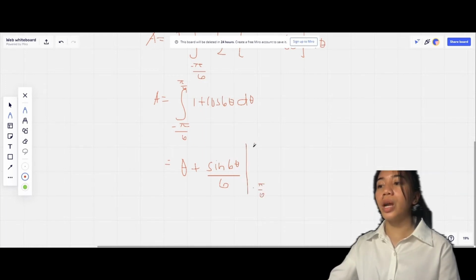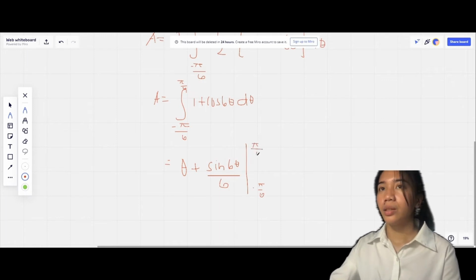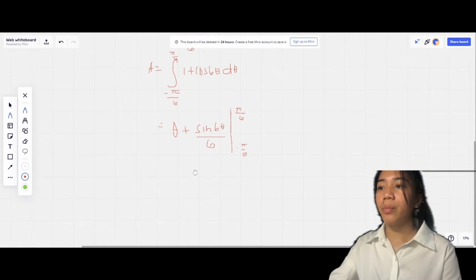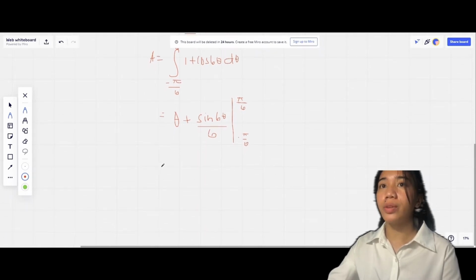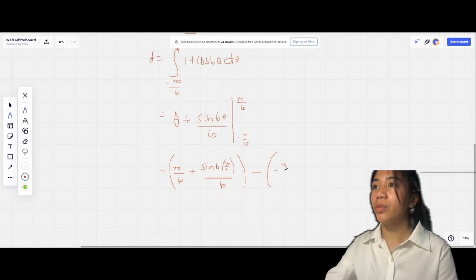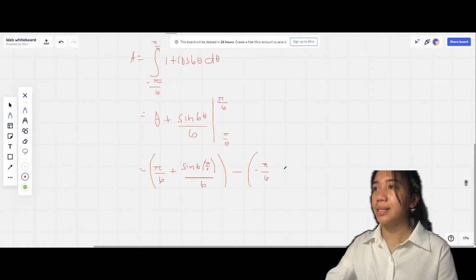Now we will solve for its definite integral. So we will just substitute first the b for all the theta. So pi over 6 plus sine 6 times pi over 6, all over 6, minus negative pi over 6 plus sine 6 times negative pi over 6, all over 6.